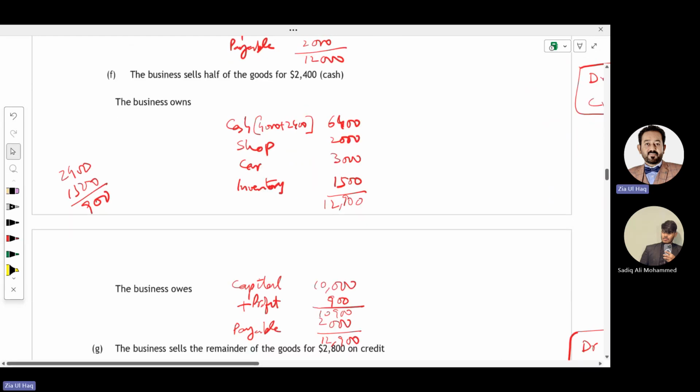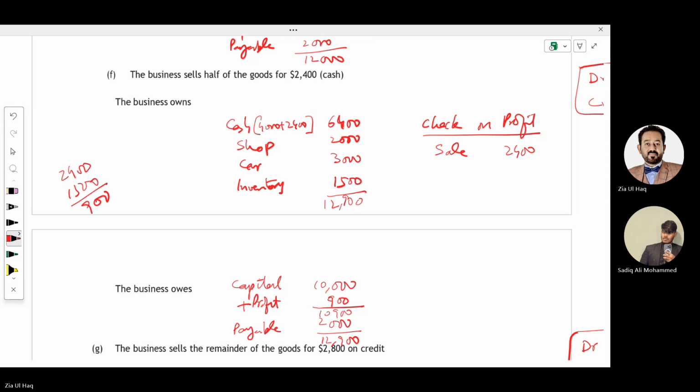We can perform a check on profit. How? We sold the inventory, means sale was 2,400. The cost of sale was 1,500.